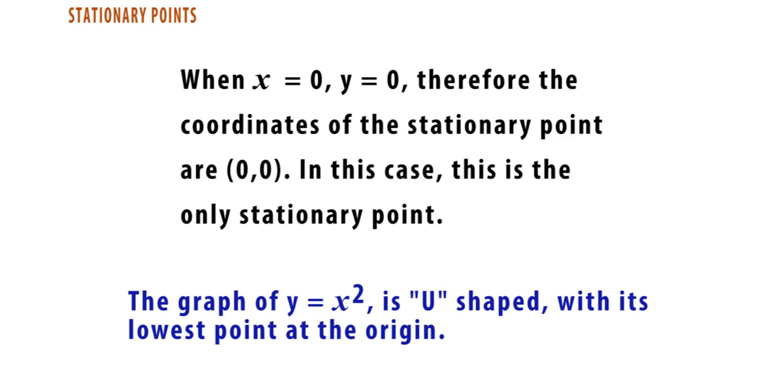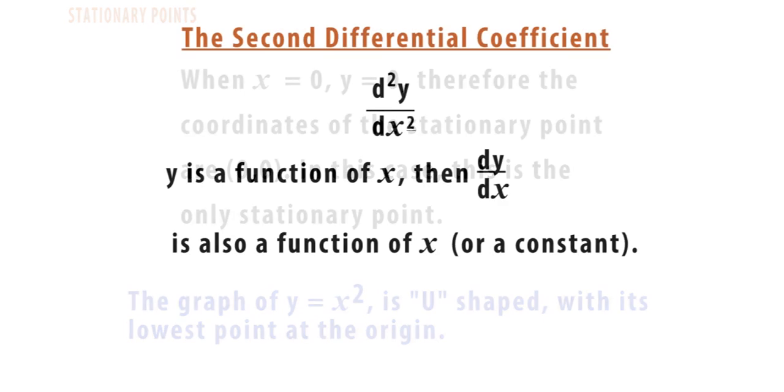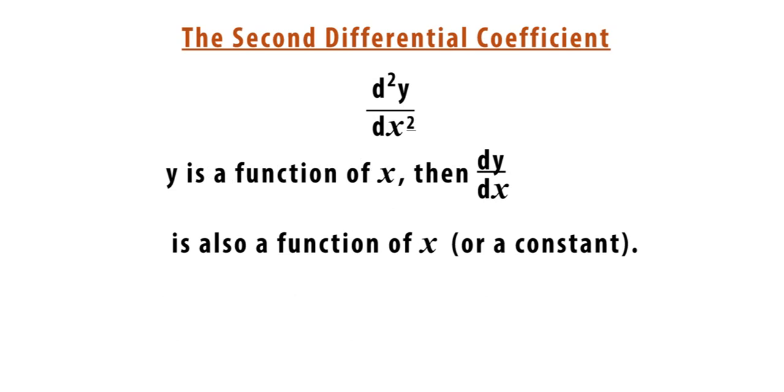In this case, it is only one stationary point that is a minimum. The graph of y is equal to x squared is U-shaped with its lowest point at the origin. Now, let us look at the second differential. The second differential coefficient is given by d squared y over dx squared.